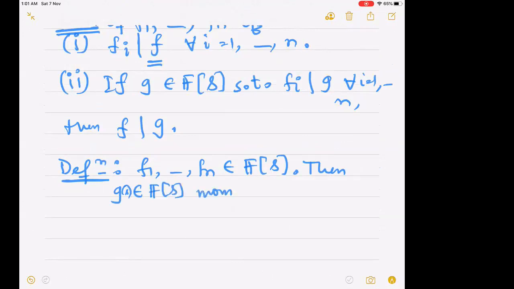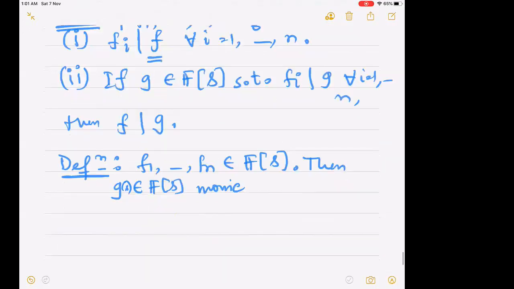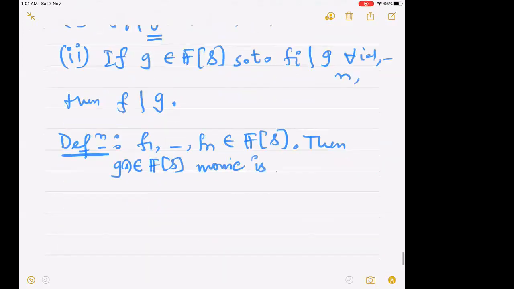We insist on monic because of uniqueness. g is said to be, because of uniqueness I can call it, the GCD of f1 up to fn if it satisfies the following two properties.